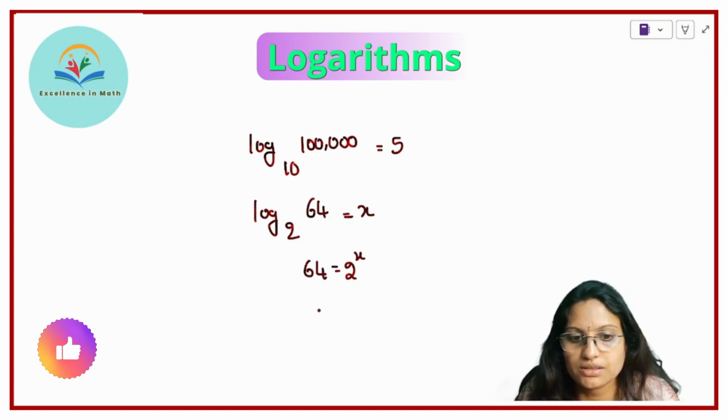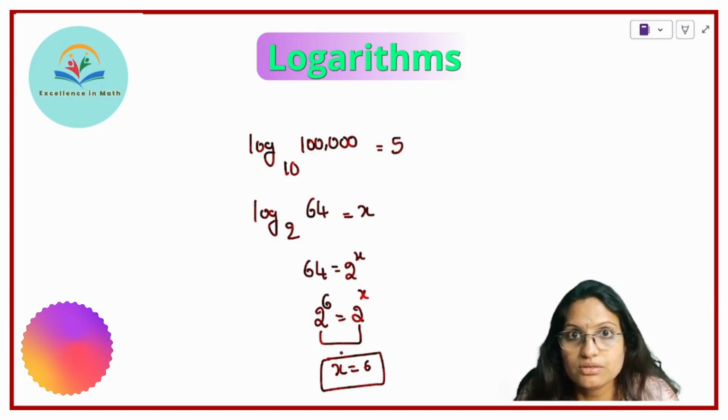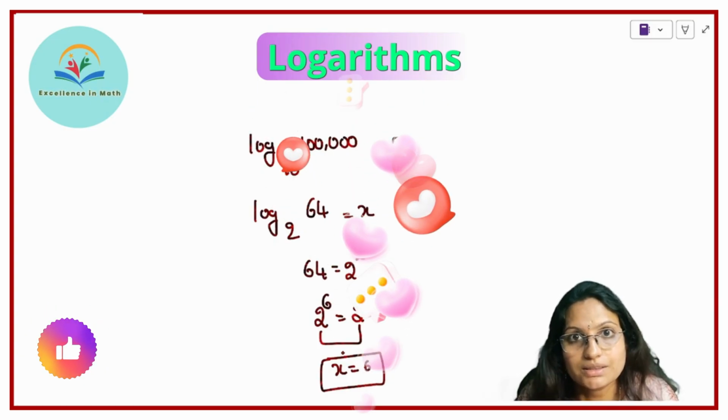It's easy for us. 2 raised to the power 6 is equal to 2 power x. Whenever the bases are equal, we can equate the powers. So x is equal to 6. So the value of logarithm of 64 base 2 is a simple number 6.